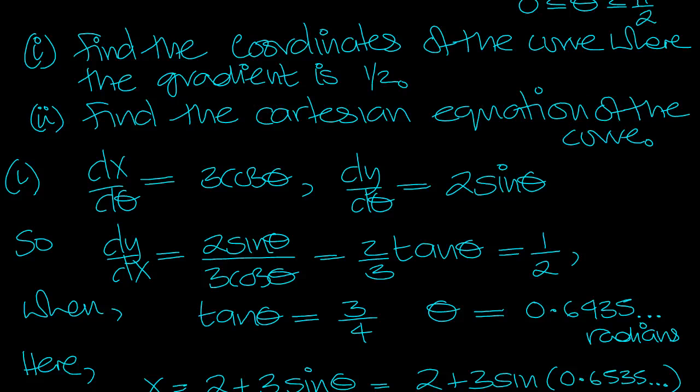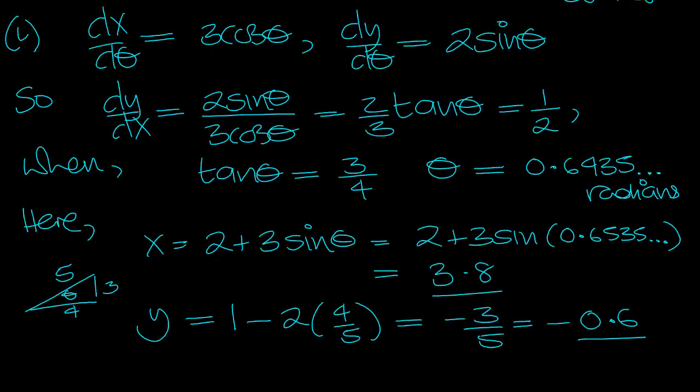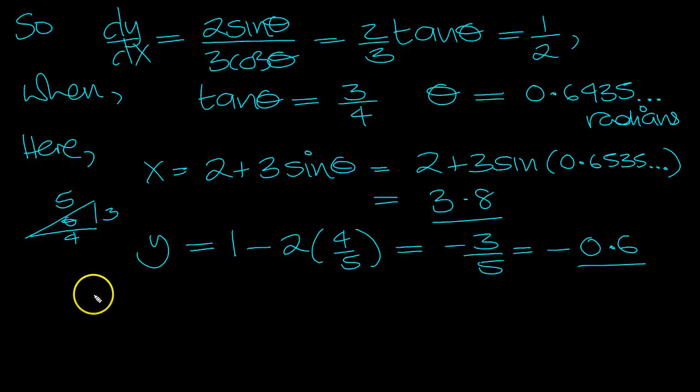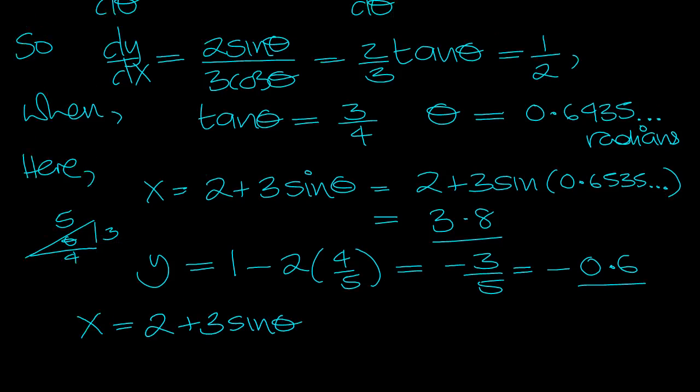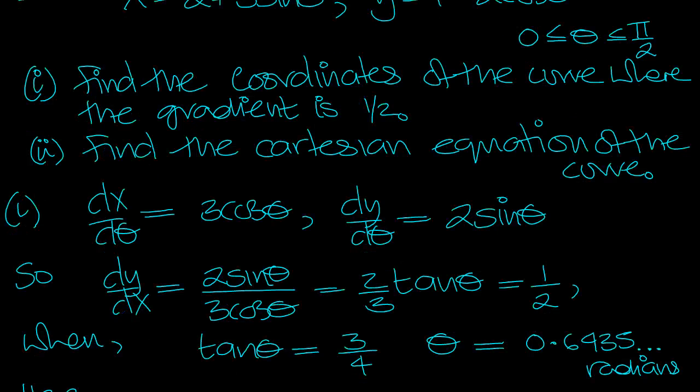Find the Cartesian equation of the curve. We've got sine squared plus cos squared is 1, haven't we? So that's what we want to consider. So x is equal to 2 plus 3 sine theta. Let me just check that I've written it down correctly. Yeah. And y is 1 minus 2 cos theta.